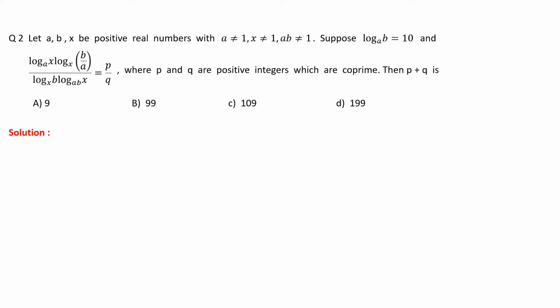Co-prime means p and q are not going to have any common factor. That means only one is going to be common among them. Rest, there is not going to be any other factor which is common. Then p plus q we have to find, right?